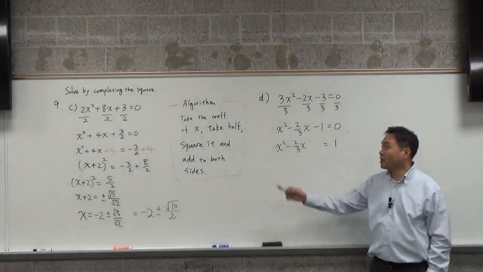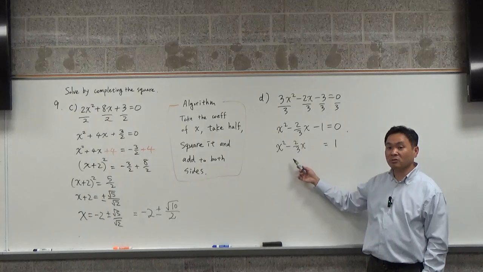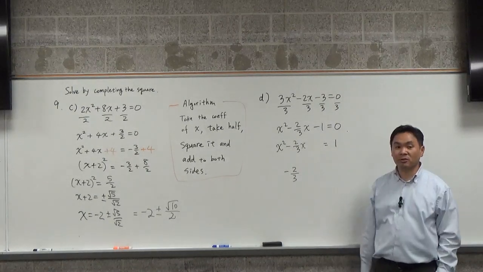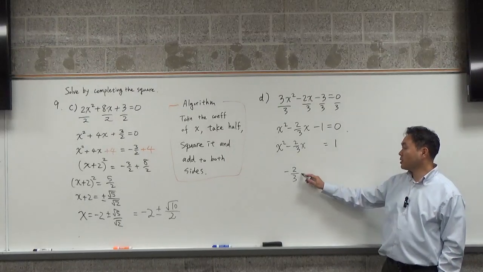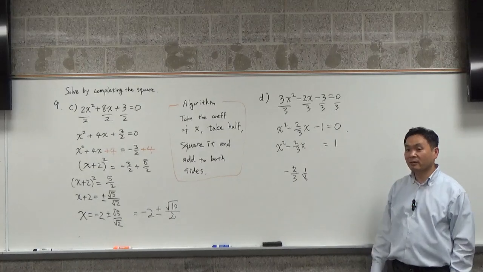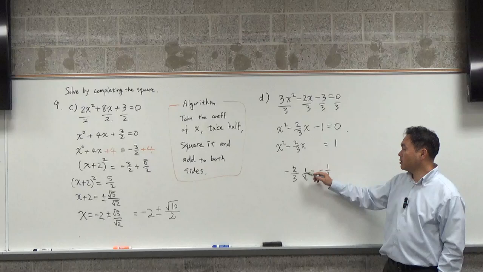And now we apply the algorithm, which says take the middle number, which is negative 2/3. Now, what is half of 2/3? If you multiply by 1/2, what do you get? 2 and 2 cancel, right? You get negative 1/3, right?